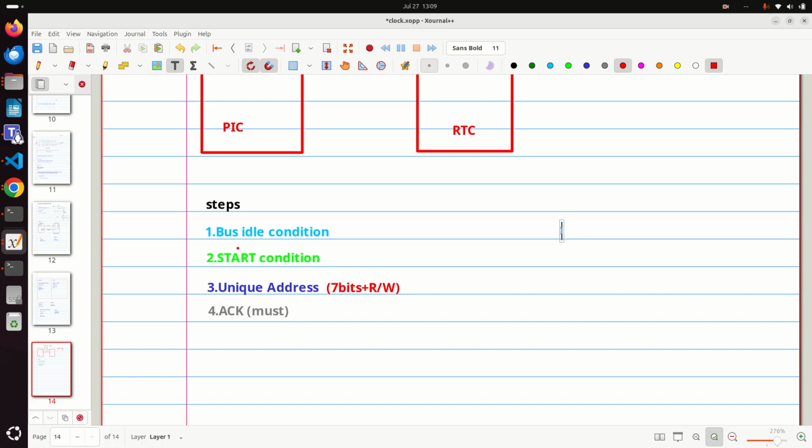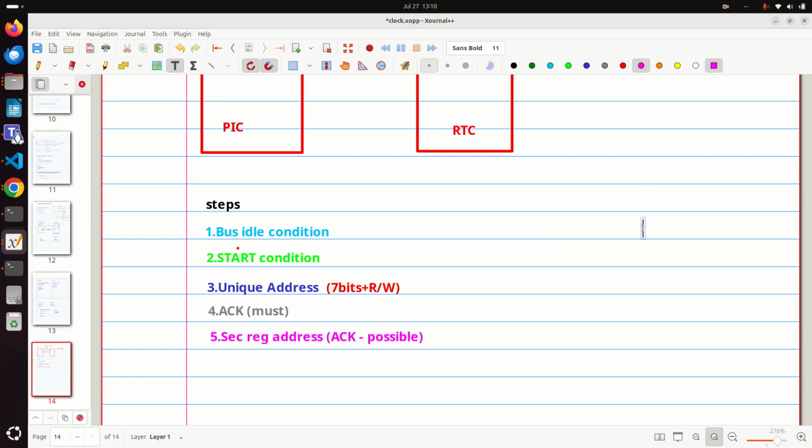Master is going to send along with it one more bit, that is the intention, read or write. It says I want to communicate with RTC and I want to read from the RTC or write to the RTC.